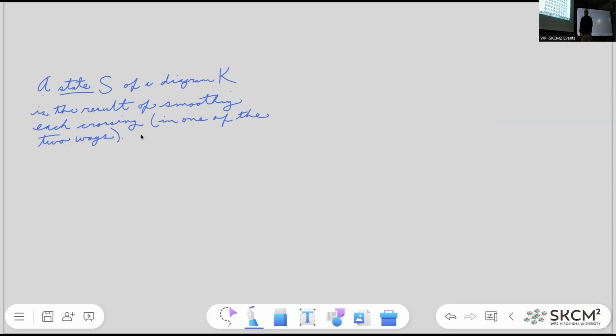And usually we label smoothing sites by A or B. So for example, take a trefoil knot.